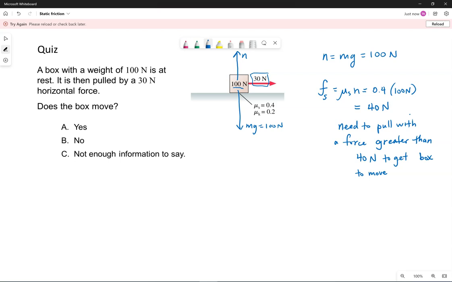Since that's less than 40 newtons, no, this box is not going to move. Now, another question you will sometimes see with problems like this is, okay, we now know the box is not going to move. What is the force of static friction in this case?